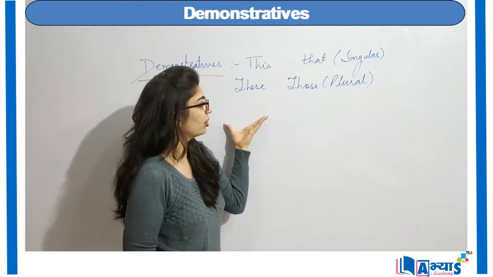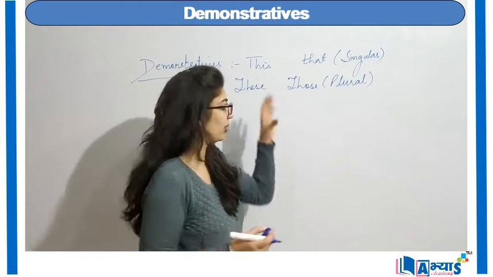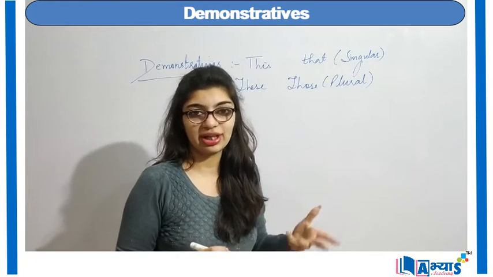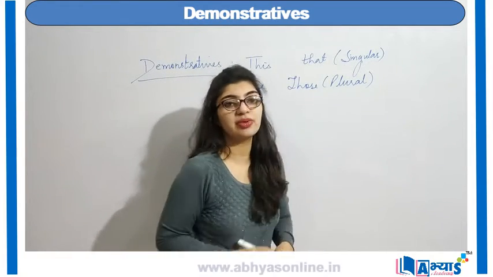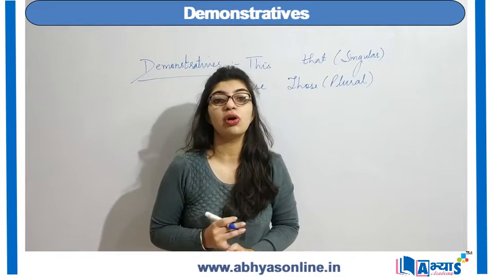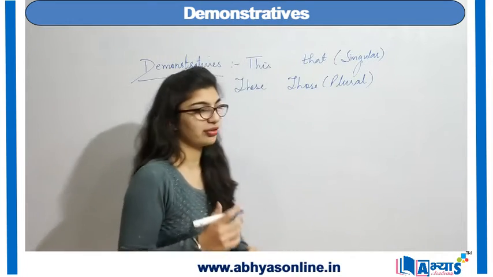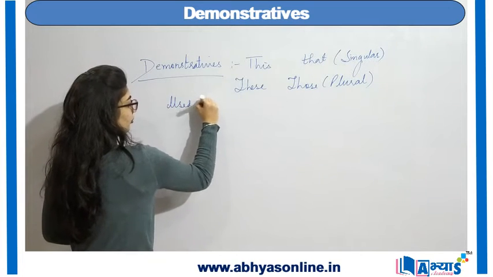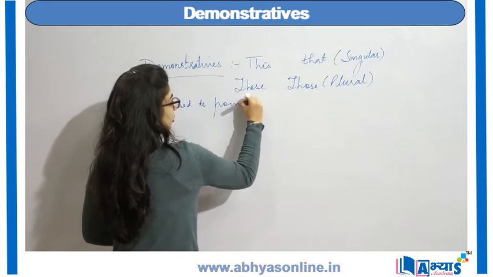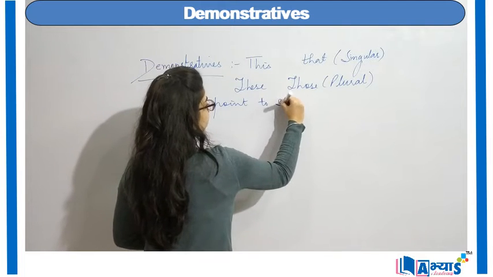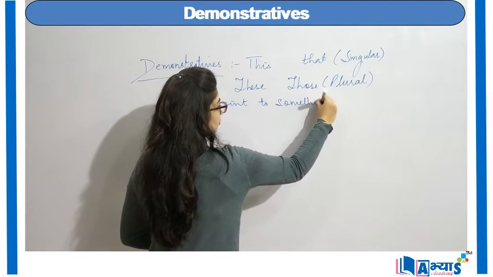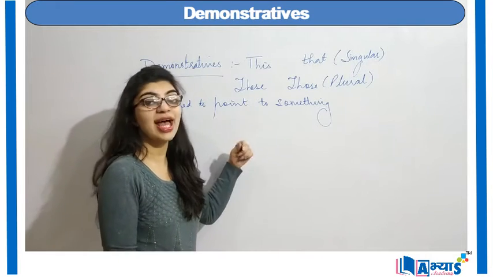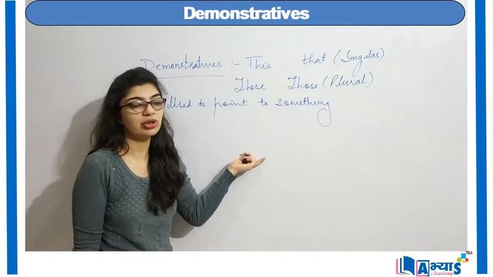Now, from the concept, we have heard about these words some time or the other, and these words we know are usually used to point to something, right? So they are used to point to something and can be used as adjectives or pronouns.